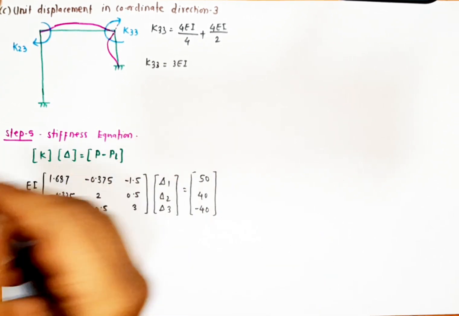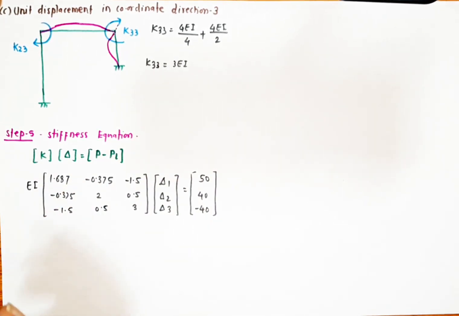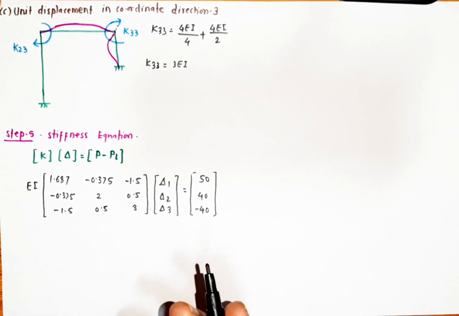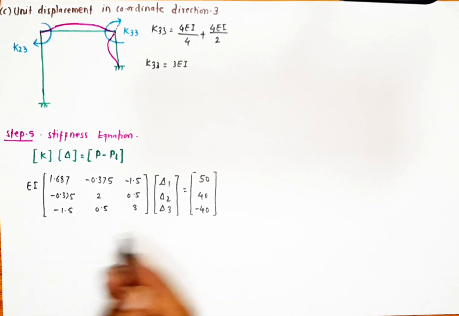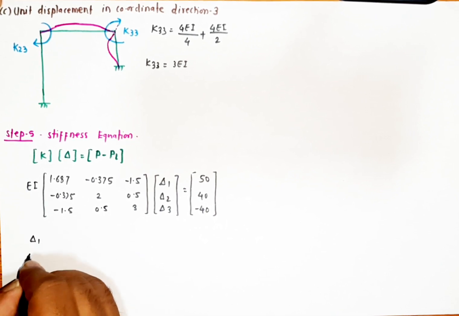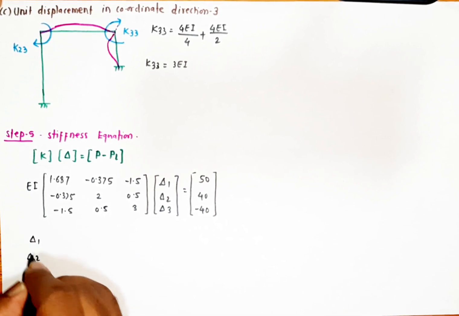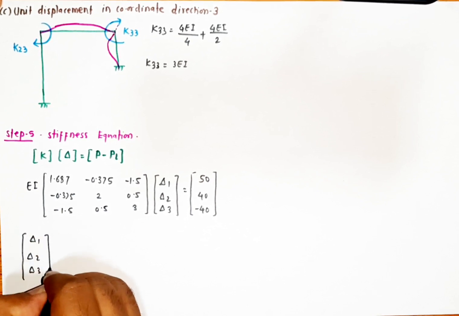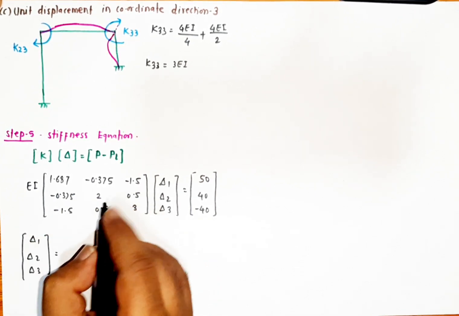So we already calculated P and PL matrix separately. If we subtract PL from P, we will get the P minus PL matrix. Now we want to find out delta 1, delta 2 and delta 3. So whenever we want to find out, ultimately we have to take the inverse of this.